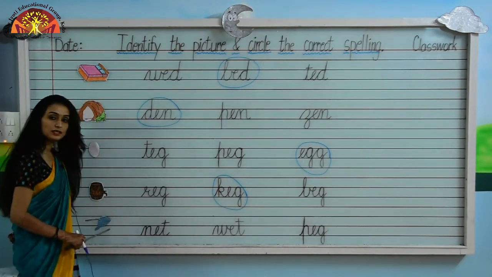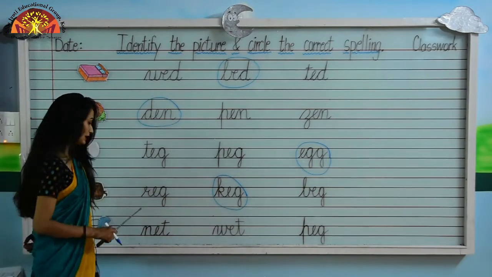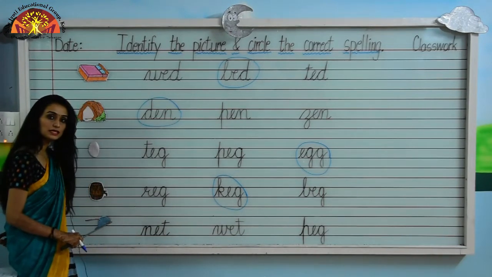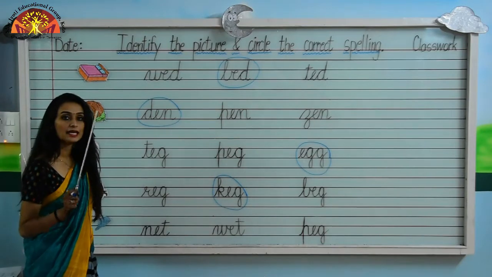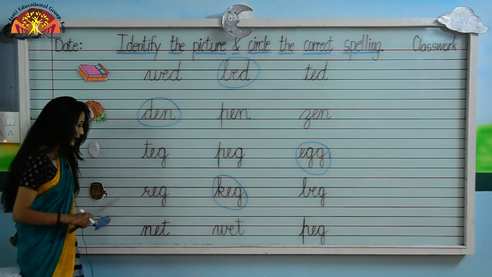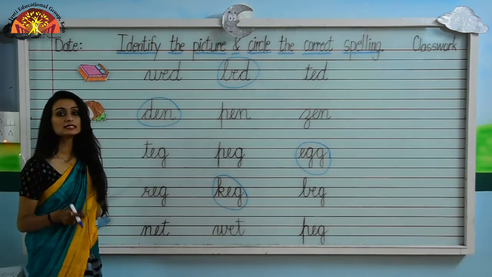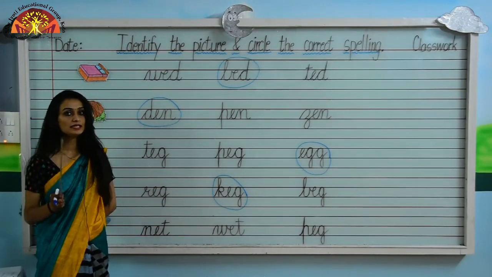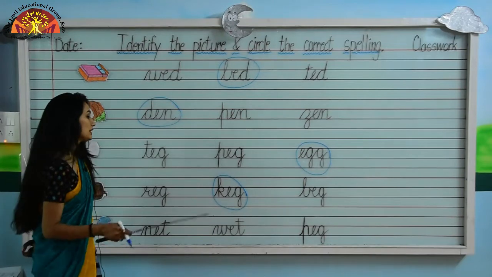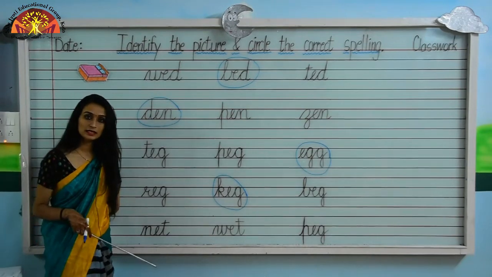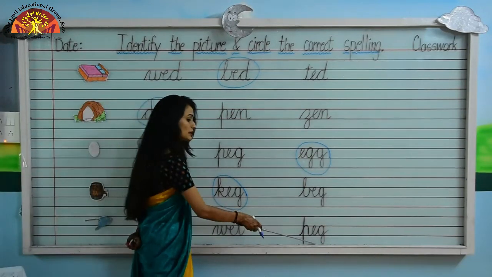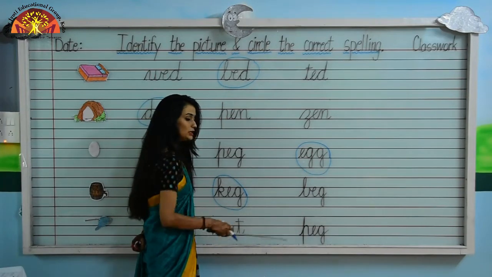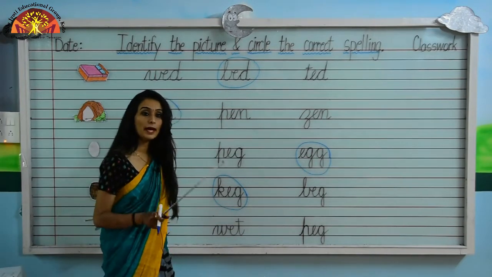Which picture is this, kids? Yes, tell me fast. This is net. The spelling of net is N-E-T, net. Now you have to tell me which one is the correct one. Is this one the correct one? P-E-G? No, because this is peg.